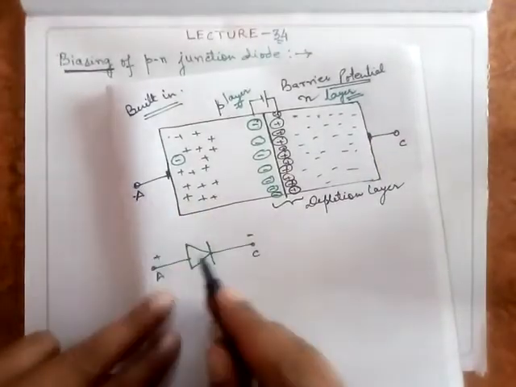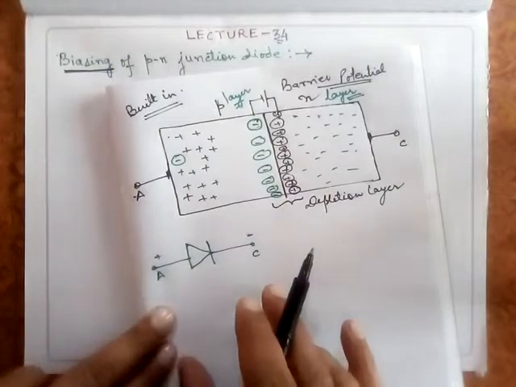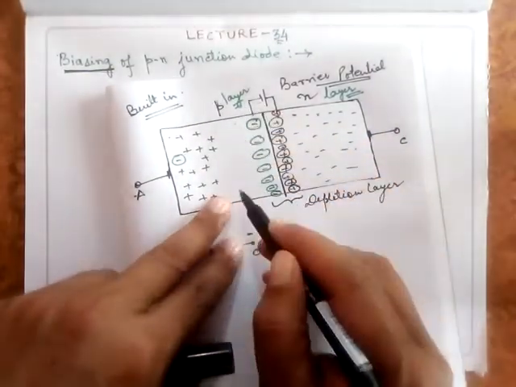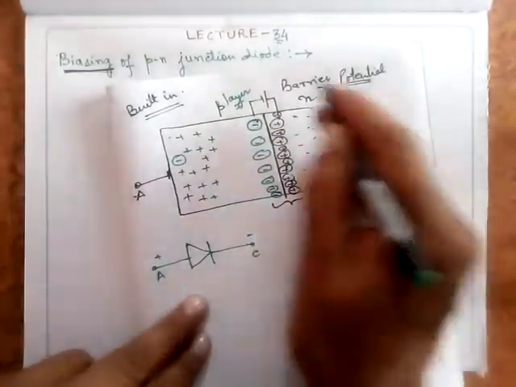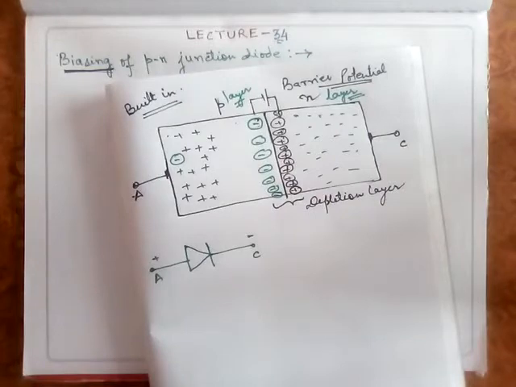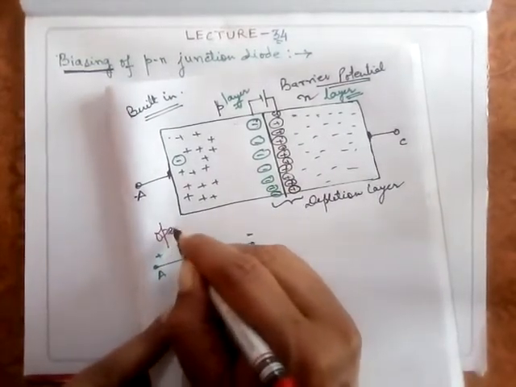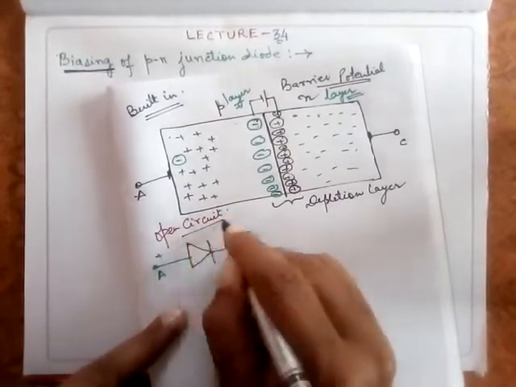As long as these terminals are not connected to any battery, or no potential is applied to either the P layer or the N layer, this is called an open circuit.